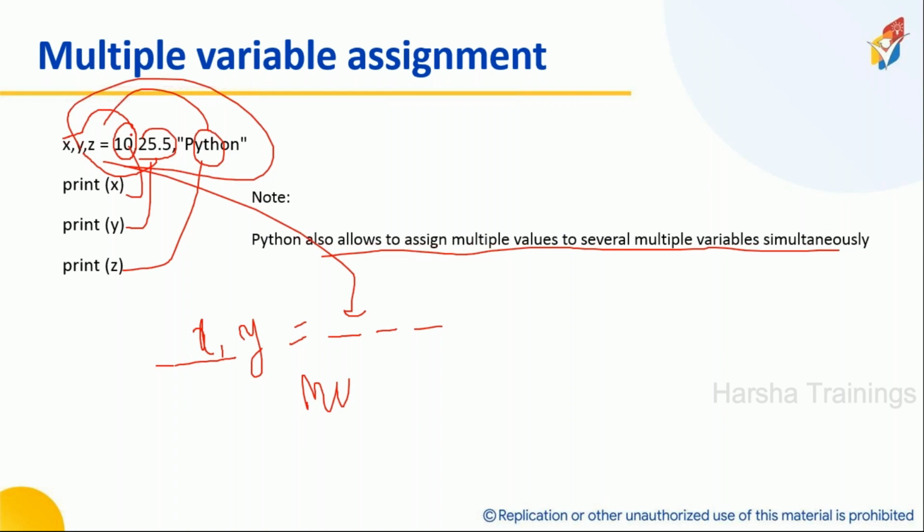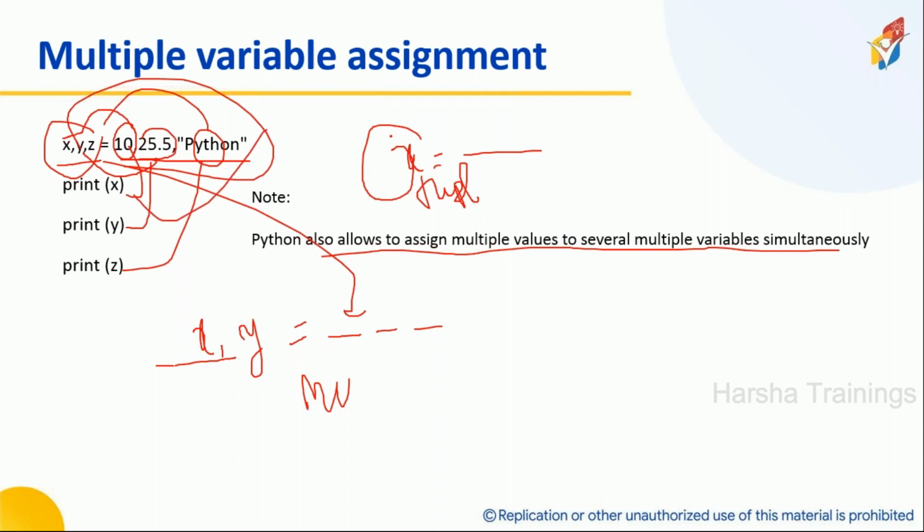Here, on the right side I'm assigning 3 values, so the left side should have 3 variables. There is another concept: on the left side you can have one variable and on the right side multiple values. Still, it is valid because of a concept called tuple, which will come in the next sessions. I cannot discuss the reasons right now. Remember carefully: if you have only one variable, still it is valid.